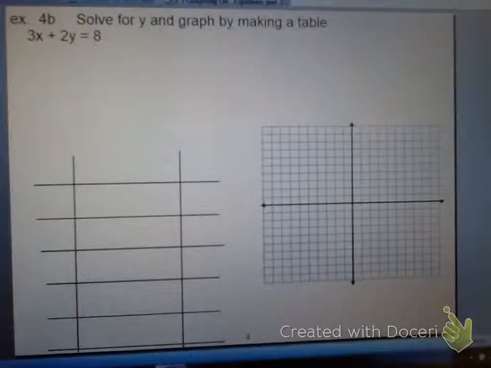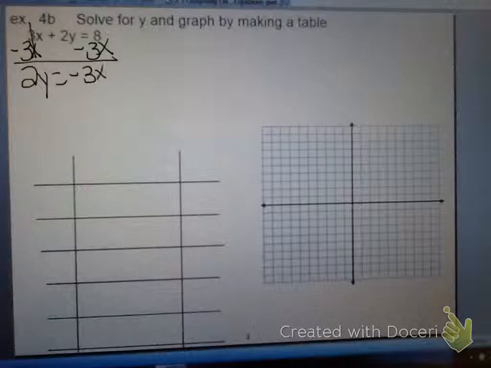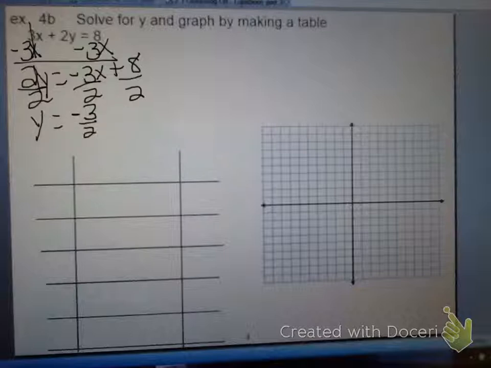Example 4b, we're going to solve for y and graph by making a table. So we're going to subtract 3x on both sides. So that's 2y is equal to -3x plus 8. Divide by 2. So y is equal to -3/2 x plus 4.